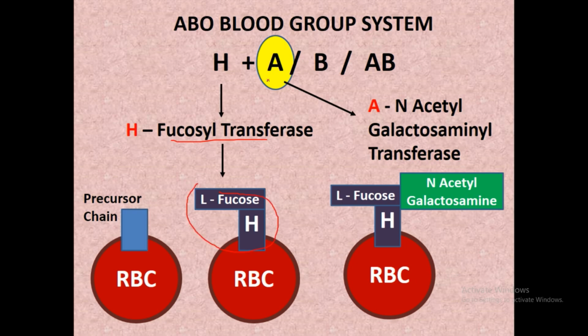Now the person having the A gene, which encodes the N-acetyl galactosamine transferase enzyme, which transfers N-acetyl galactosamine to the H substance. So this is our H substance. So N-acetyl galactosamine plus L-fucose plus precursor chain are collectively known as antigen A or agglutinogen A.